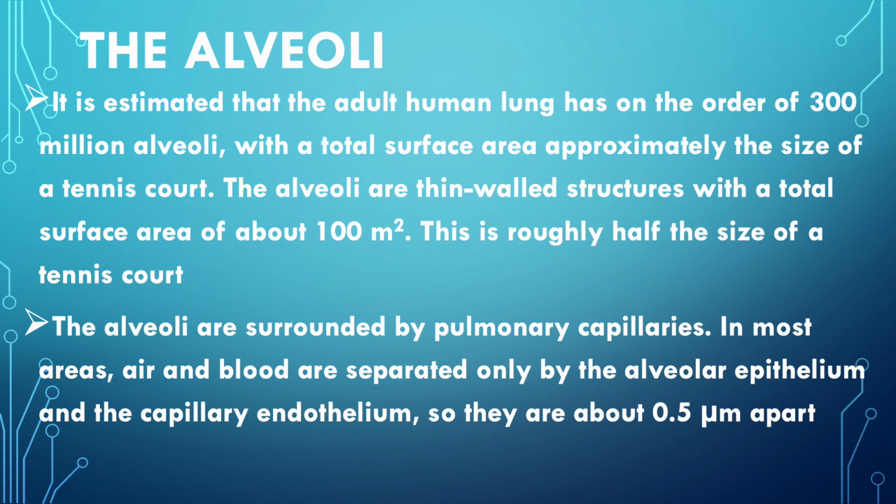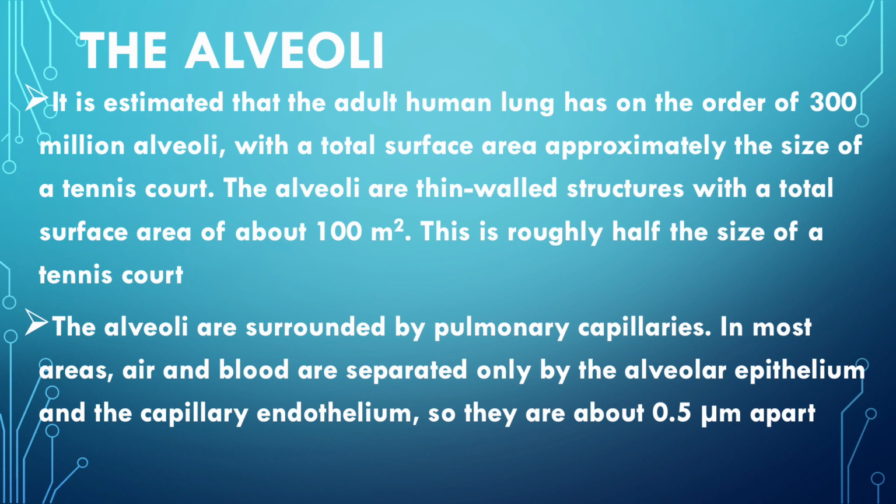The alveoli are surrounded by pulmonary capillaries. In most areas, air and the blood are separated only by the alveolar epithelium and the capillary endothelium, so they are about 0.5 micrometer apart.